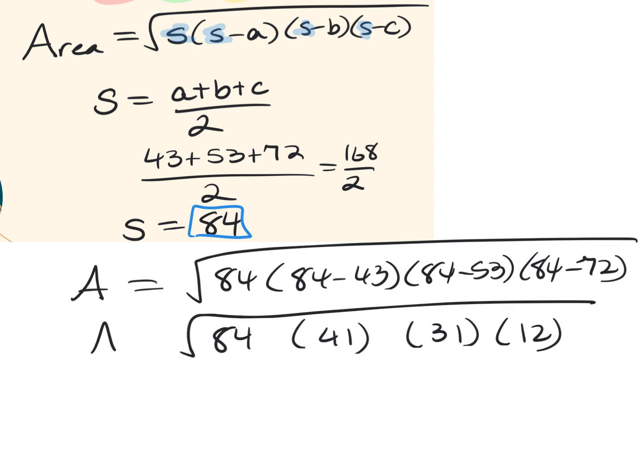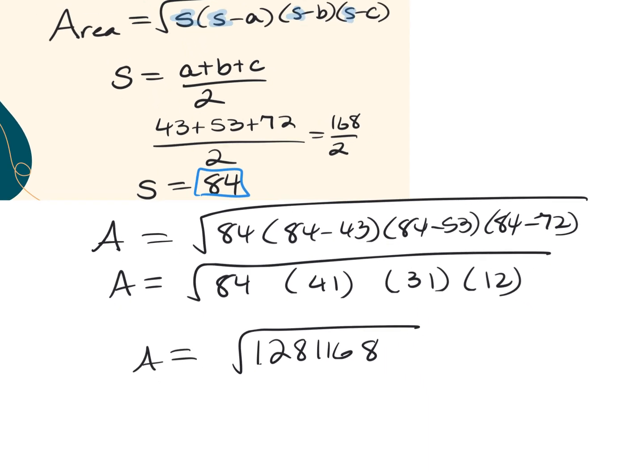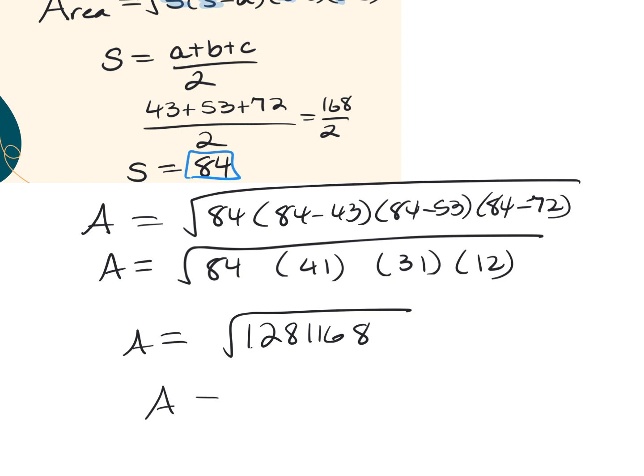I'm going to multiply those 4 numbers and then square root and round to the nearest hundredth. So 84 times 41 times 31 times 12, 1281168, still under the square root. And then once I square root it, my final answer for the area, 1,131.89 meters squared. It's always the units squared.